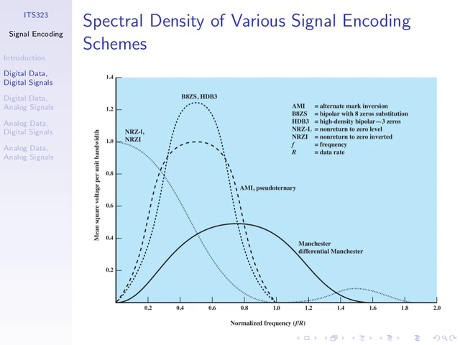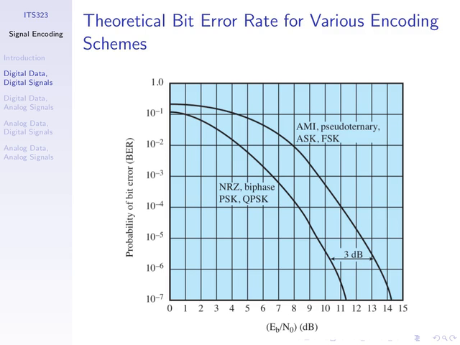Some of the better ones are B8ZS, HDB3, and bipolar AMI in terms of the spectrum of the signal they generate. Have a look at those slides in your own time, or the description in the textbook, for more details.